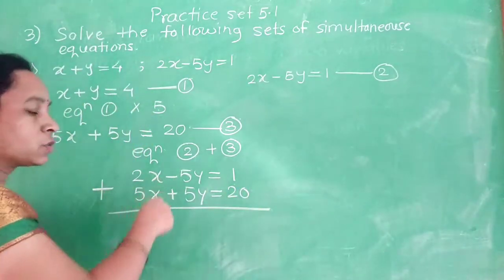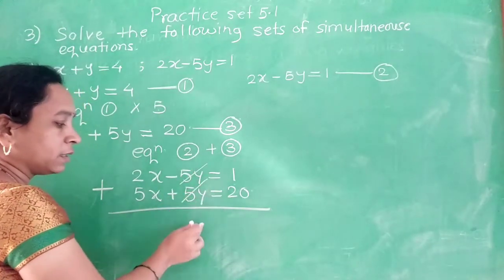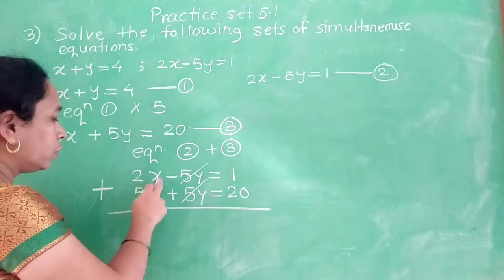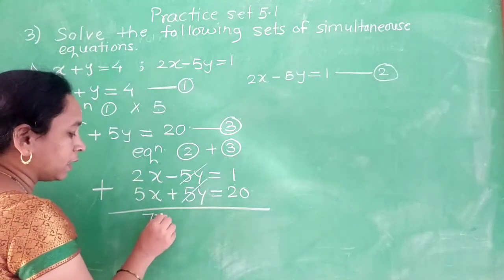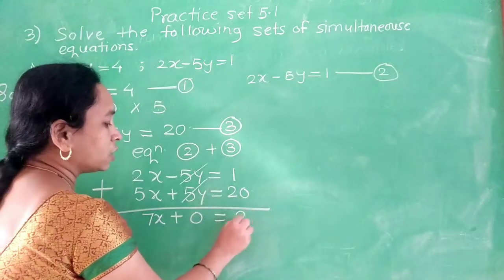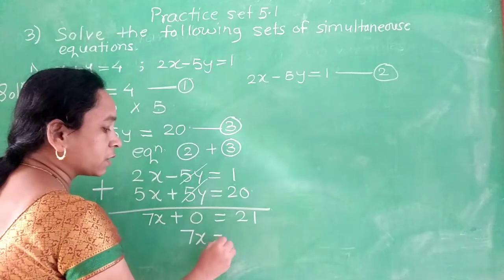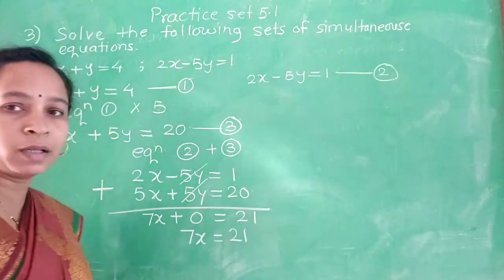If you add these two equations, minus 5y plus 5y will cancel, it will become 0. 2x plus 5x, we will get 7x plus 0 is equal to, their addition would be 21. It means 7x is equal to 21.